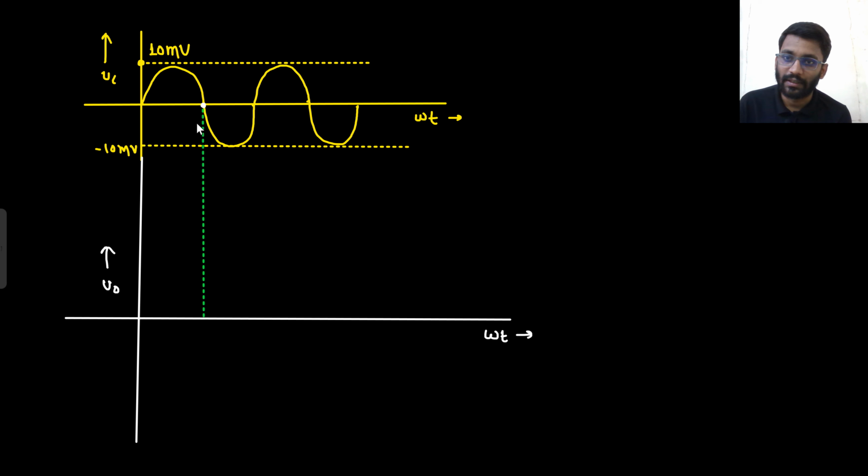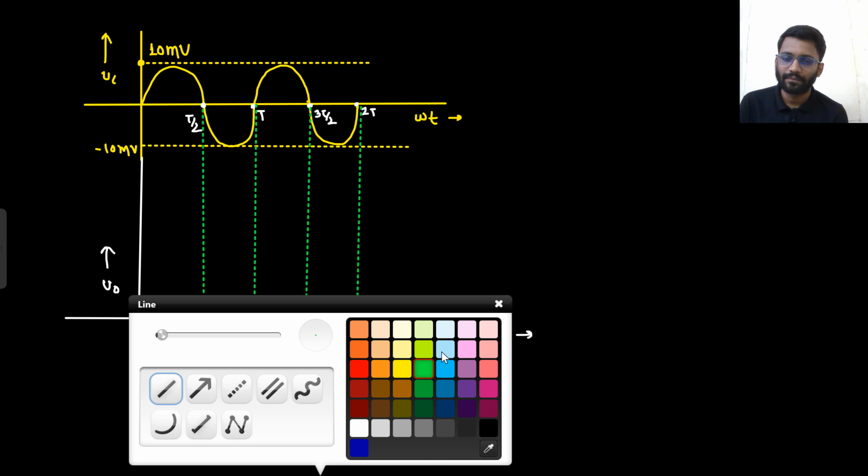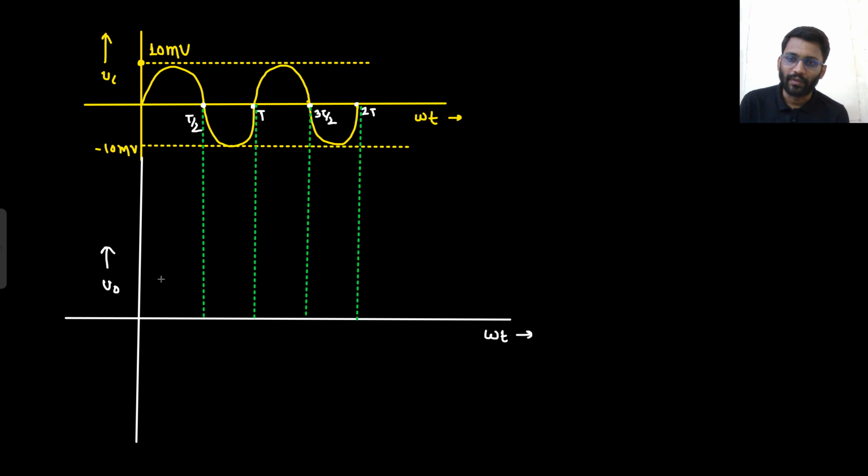Let's just call this T by 2, this T, this 3T by 2, this 2T. So if Vin is greater than 0, your output is plus Vsat.